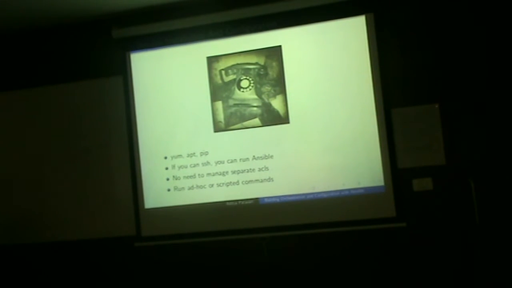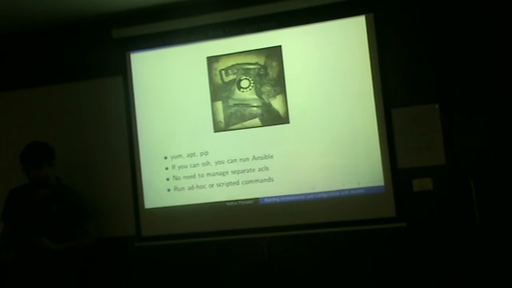You don't need to manage separate ACLs. For example, say one DevOps user has permissions to create users, but another user doesn't, and another one, a super DevOps, can do a lot more things. These permissions are inherited with your credentials.